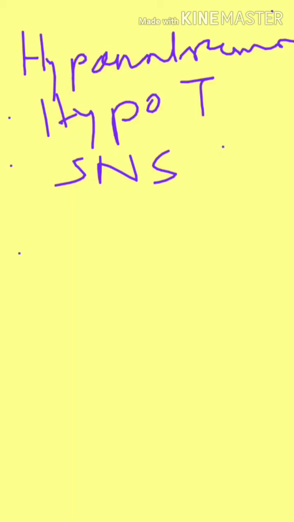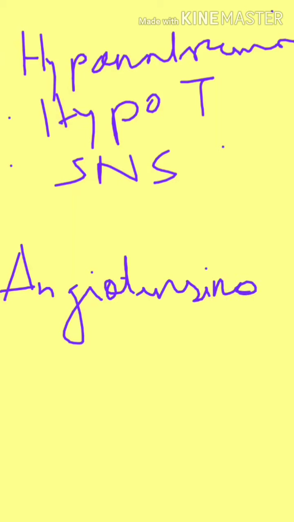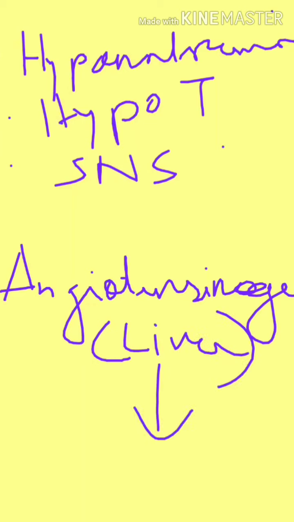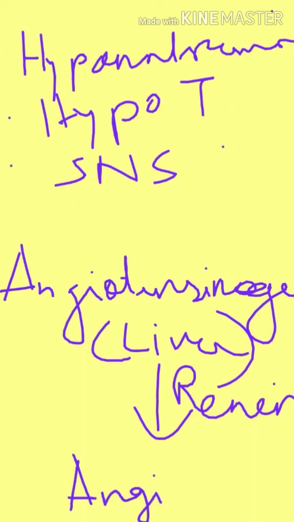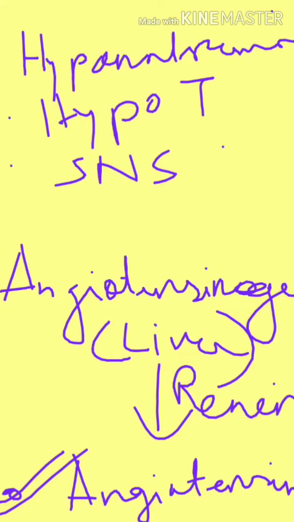So the angiotensinogen which comes from the liver, when it comes near the kidney, renin acts on it and it becomes angiotensin 1. But the most important point is that it is an inactive form.